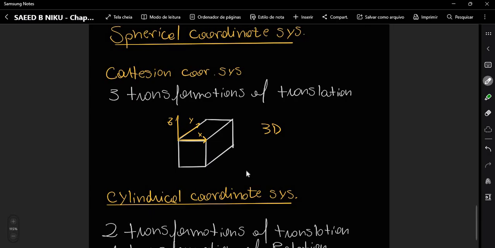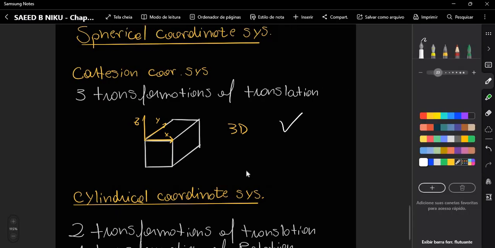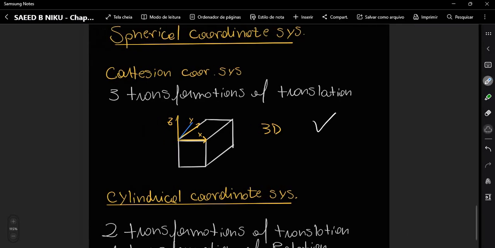So right here, for example, is a robot that can do three transformations of translation. So it is limited. And how can I explain this to you? Let me draw a vector, and again it is an analogy to a robot arm. But if I make this bigger, maybe I can demonstrate this to you.